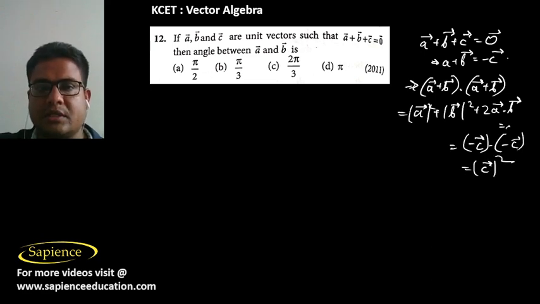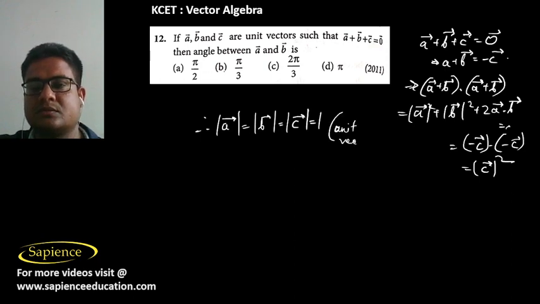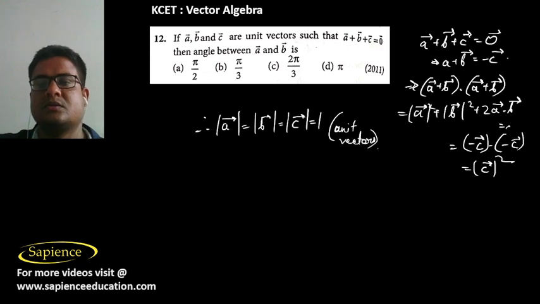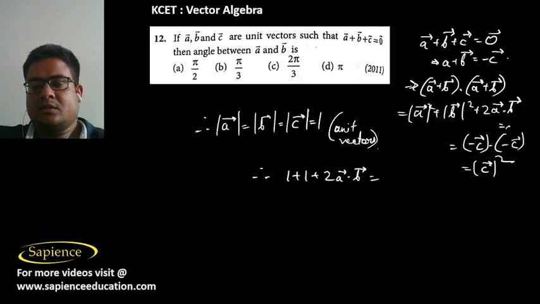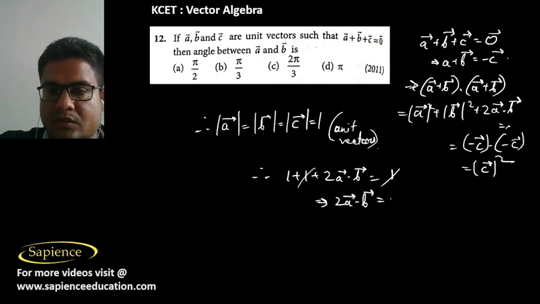These are unit vectors, so therefore magnitude of a is equal to magnitude of b is equal to magnitude of c, since all are unit vectors. Therefore I can say 1 plus 1 plus 2 a dot b is equal to 1. 1 and 1 cancel, so 2 a dot b is equal to minus 1.